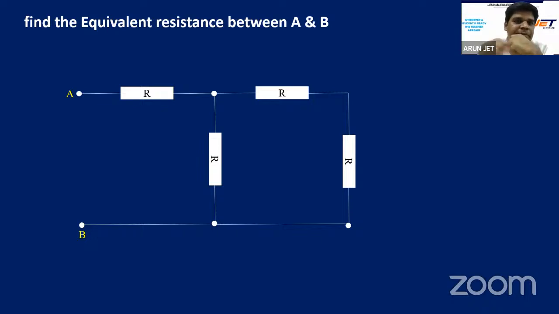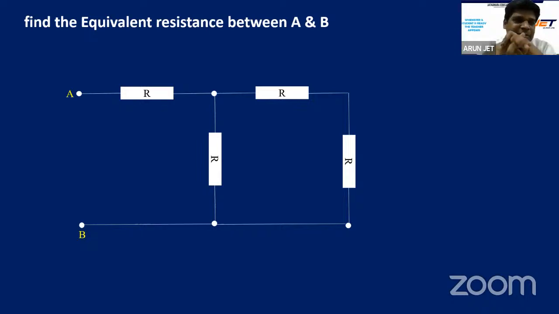Okay, good attempt, Shashank. No, in this case, Ria, it will not be less than R. Only in the case of parallel, it is lesser than the least. We also have to spot whether things are in series or not.